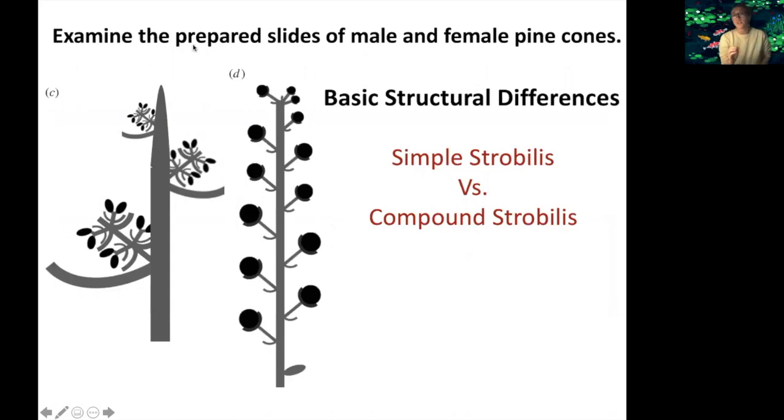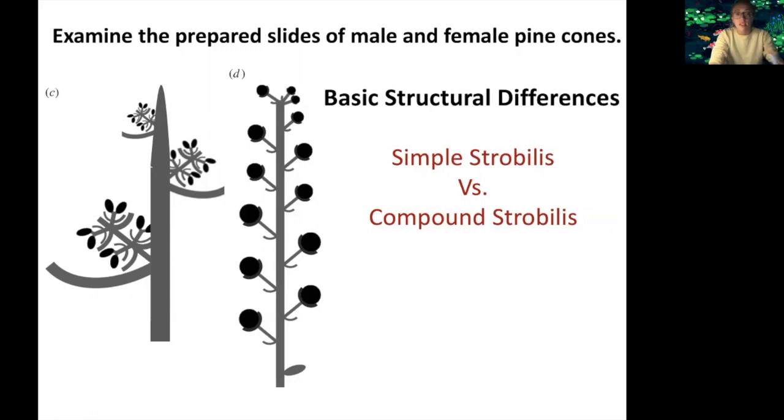So for the reproductive structures, I'm just remembering that the male cone is a simple strobilus, and we're going to go over that more, meaning that the sporophyll, the leaf, will bear directly the pollen sacs, microsporangia, and the female cone will have a sterile bract, that's our lateral determinate organ, and then our actual ovuliferous scale is a modified branch. And that's the difference between simple and compound strobilus.